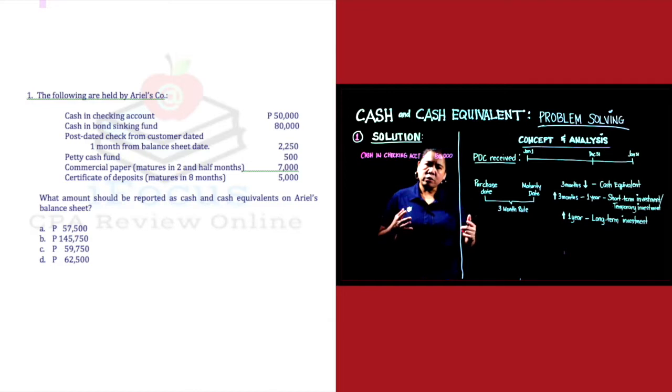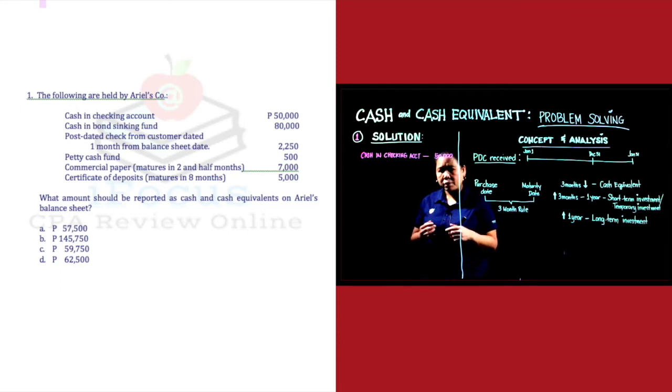Okay? So, itong liabilities, meron tayong portion na current liability, meron tayong portion na long-term liability. So, current and long-term. Kung ang sinabi ng problem ay this cash in bond sinking fund is intended for the current liability, then we will classify that cash in bond sinking fund as cash. Okay?